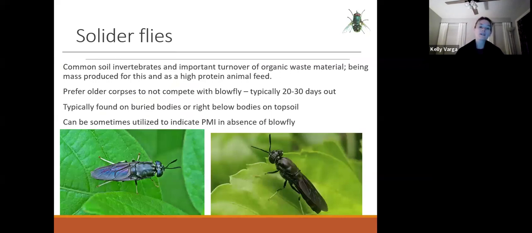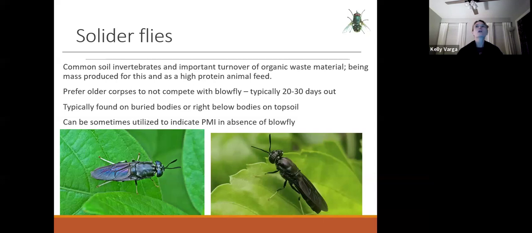All right, moving on to, again, still classifications of flies. We have soldier flies. One of the coolest, in the sense that they are extremely important to decomposition. Not just decomposition as far as decomposing bodies, but because the body is something that does break down, it is an attractant to it.